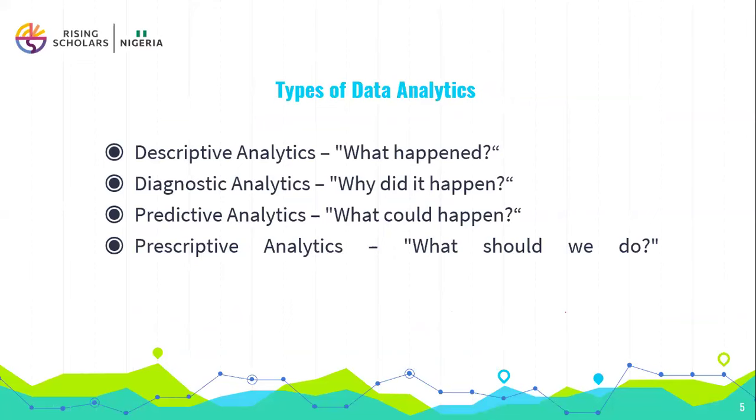There are 4 types of data analytics. We have descriptive analytics, which tells us what happened. We have diagnostic analytics, which tells us why it happened. And then we have predictive analytics, which tells us what could happen in the future.